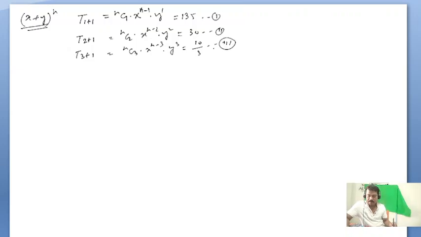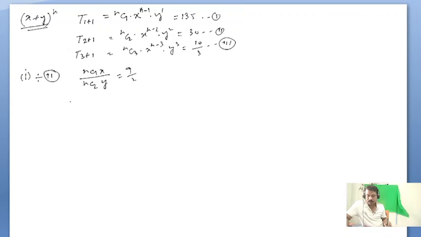Okay. Now 1 divided by 2, we have nC1 x divided by nC2 y, that is equal to 9 by 2.